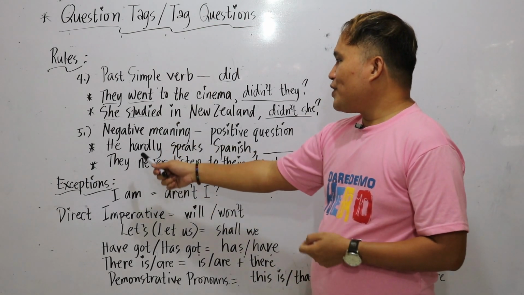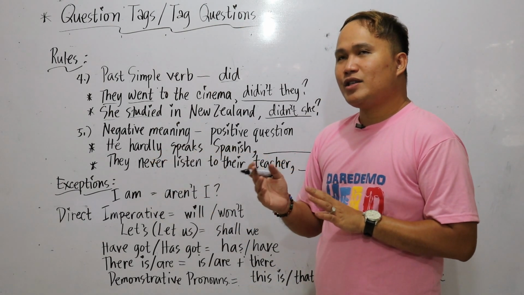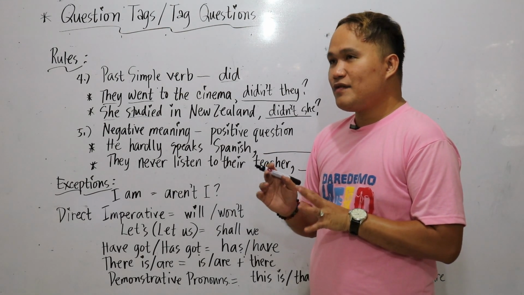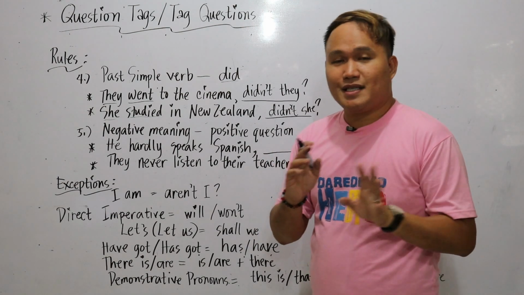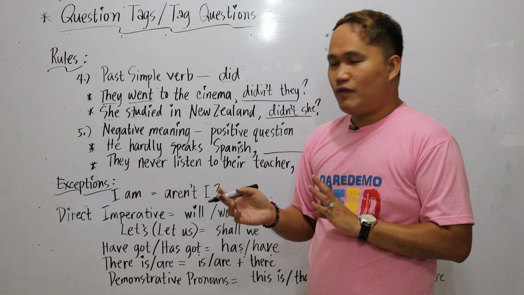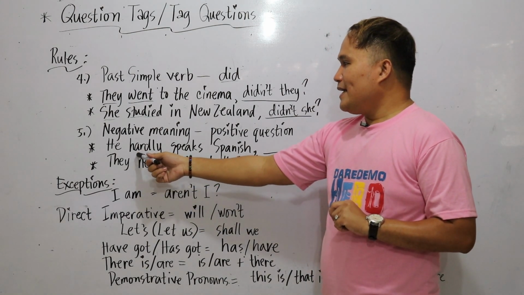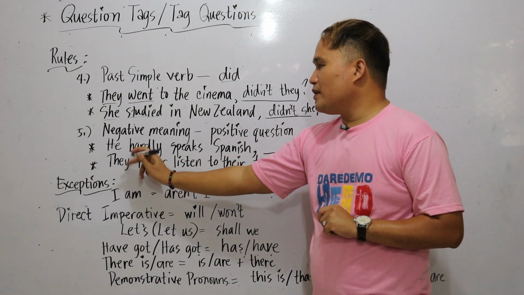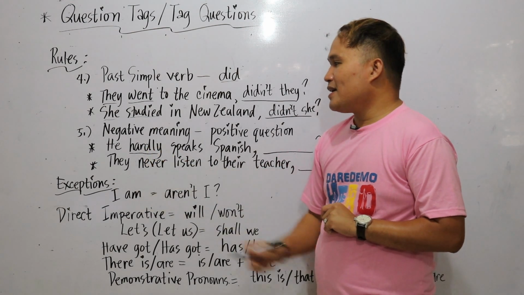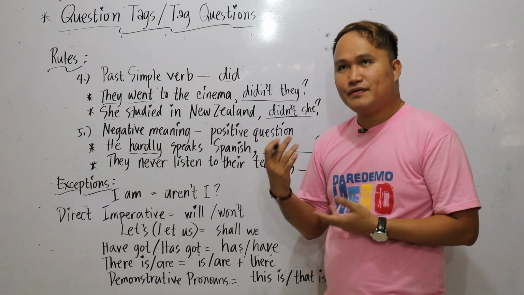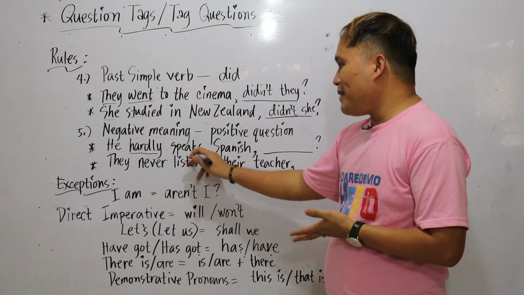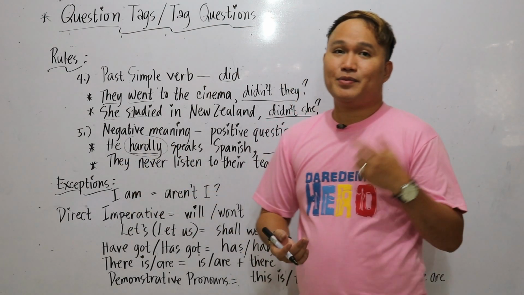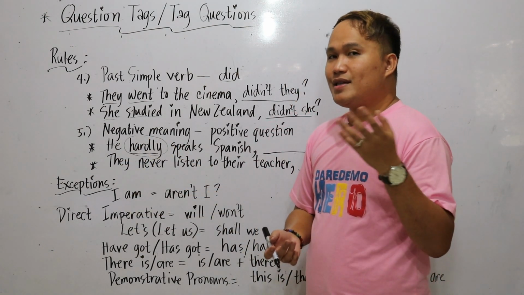Take note of that. Now, there are actually statements where it's not obvious that the meaning is negative, because the word not is not there. For example, this statement: He hardly speaks Spanish. Hardly here, for parts of speech, is classified as an adverb of manner. Hardly expresses negativity, so it has a negative meaning.